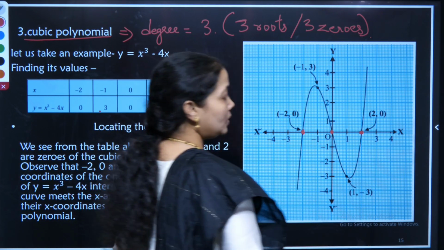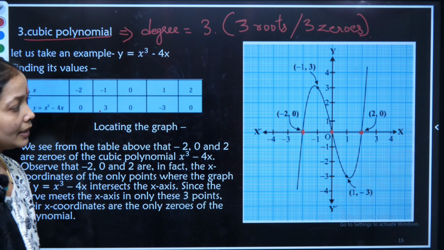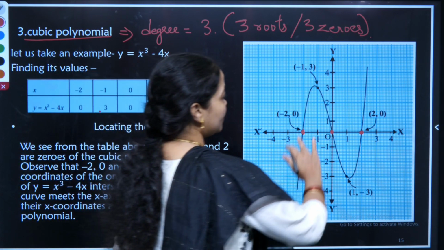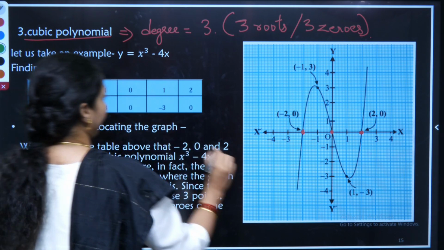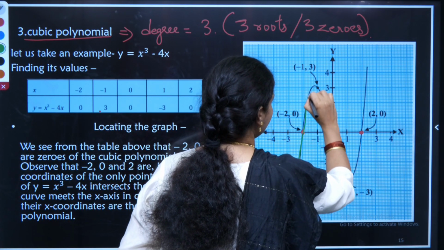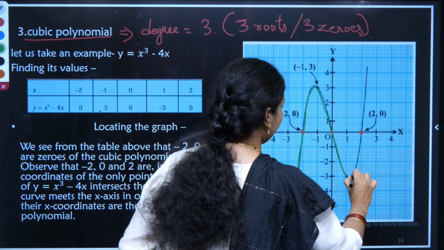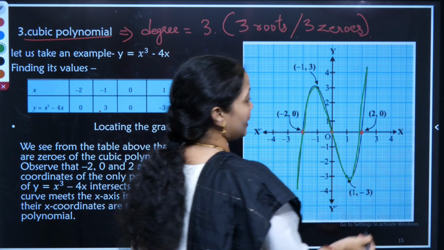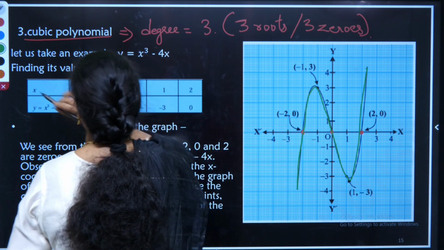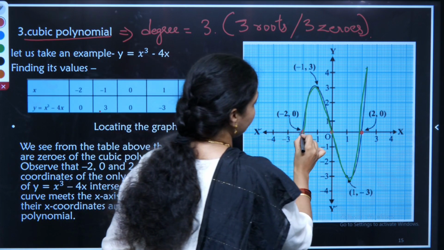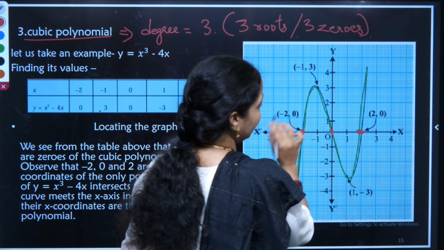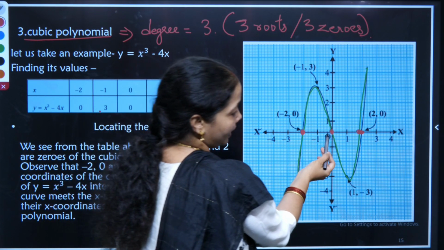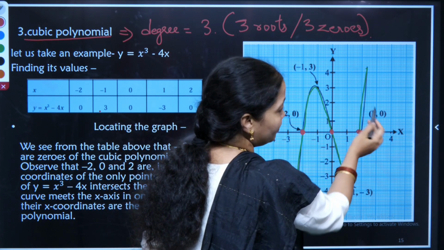So quickly have a look at the graph here. This graph has a shape just like an N. See, the graph has the shape of N. Like this is the shape of the graph, and if I recognize where the graph touches the x-axis, it is exactly touching the x-axis at 3 different locations. 1, it is touching at -2, 2, it is touching at the origin, and 3, it is touching at +2.